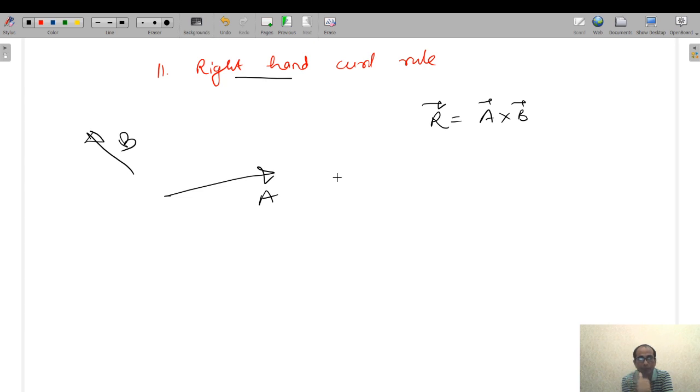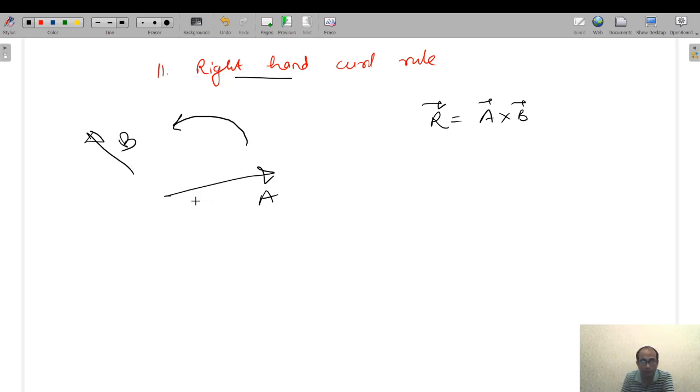Then the direction of your thumb that will give direction of the resultant vector, direction of the cross product of A and B, right? तो मैंने क्या कहा कि जो A वेक्टर है इसके ऊपर अपने राइट हैंड पाम को आप परपेंडिकुलरली पुट कीजिए और उसके बाद अपने फिंगर्स को कर्ल कीजिए towards wherever B है, यदि इधर है ऊपर है तो ऊपर कर्ल कीजिए, यदि B नीचे होता तो नीचे कर्ल कीजिए, ठीक है.